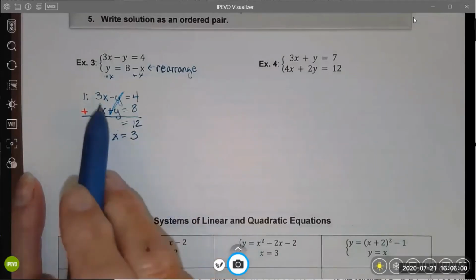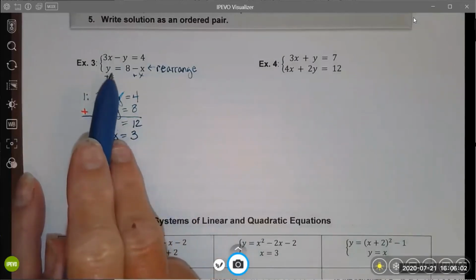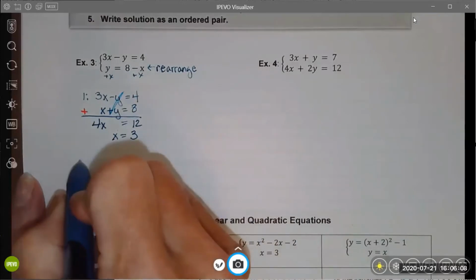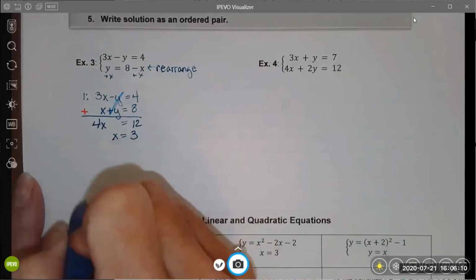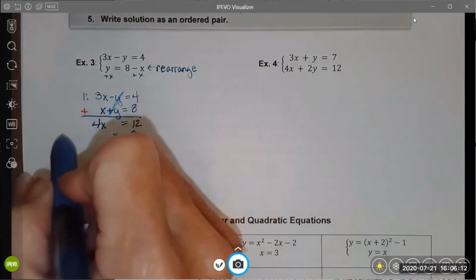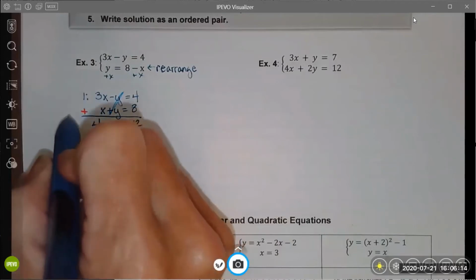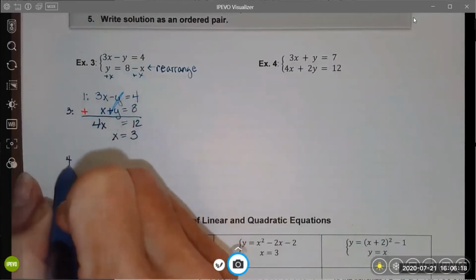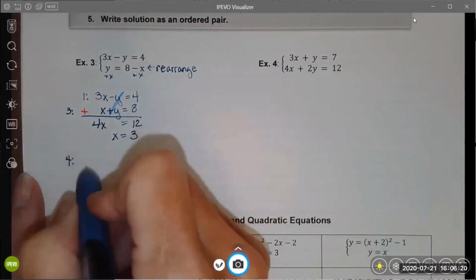I'm going to substitute it into this second equation. Online, if you check the notes, I substituted it into the first equation. So this is just a way to do something a little different. This was step 3. I did not have to do step 2. So step 4 would be to substitute my answer.